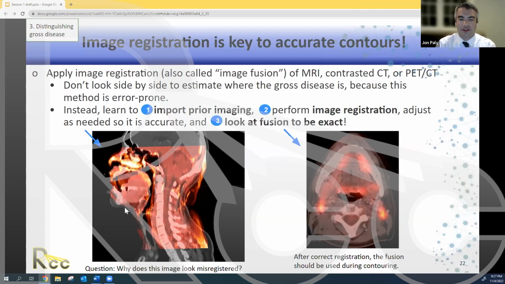Here we have the mouth that looks totally off, okay? The answer would be that we're doing these fusions based on the area that we're interested in contouring. And so if the base of the skull is the site that we're most concerned about, that's where we can do our fusion based off of. Whereas alternatively, over here, we have the neck where we've done a fusion to align better to the neck nodal levels.